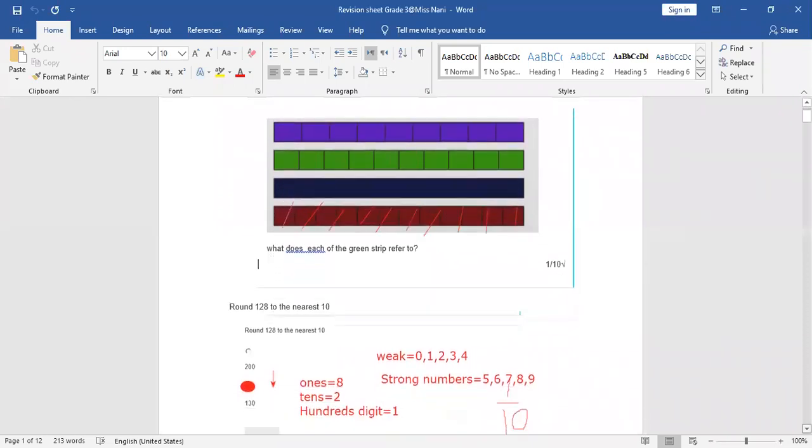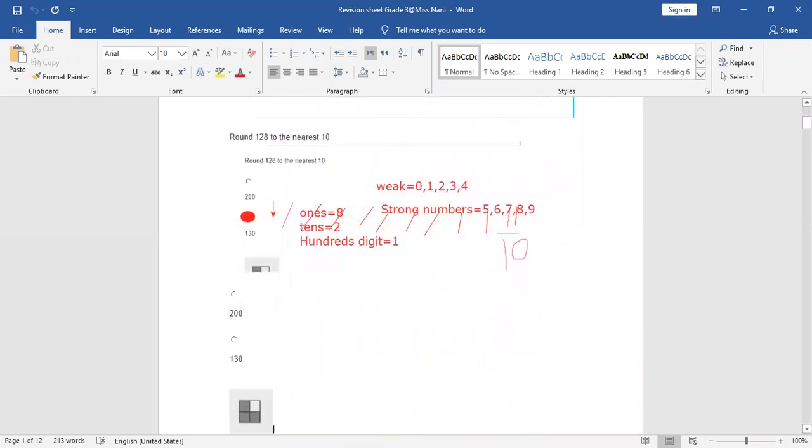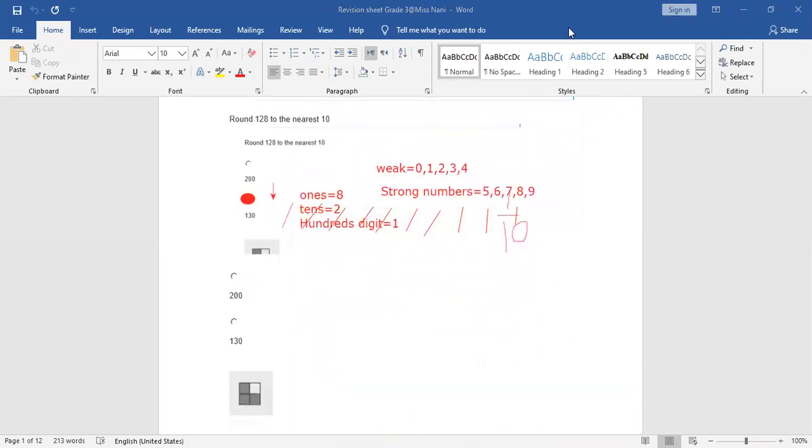Question number 2. Round 128 to the nearest 10. To the nearest 10, my lovely girls. What are we going to do? The first thing we look at is the ones digit. What's my ones digit? It's 8. Is 8 a weak number or a strong number? 8 is a strong number.